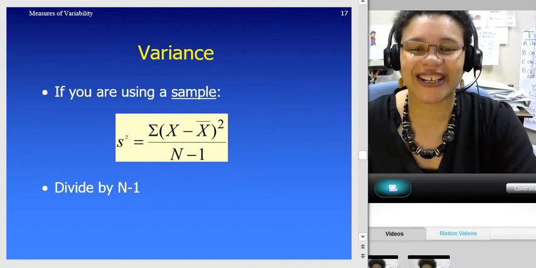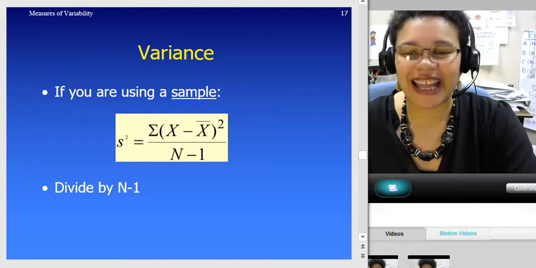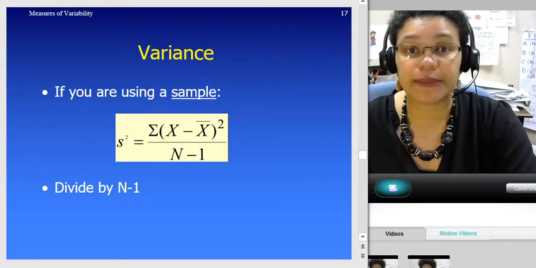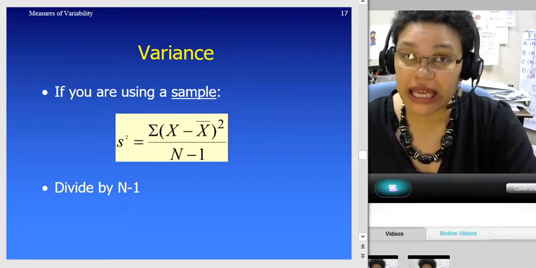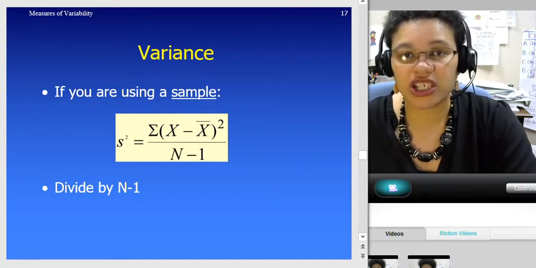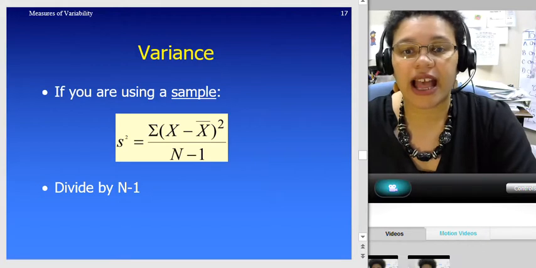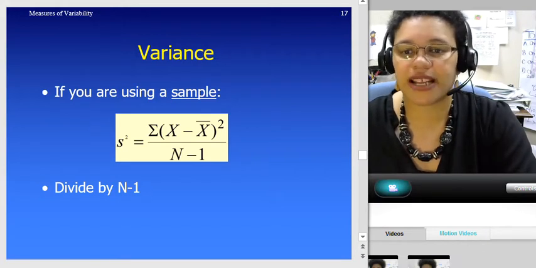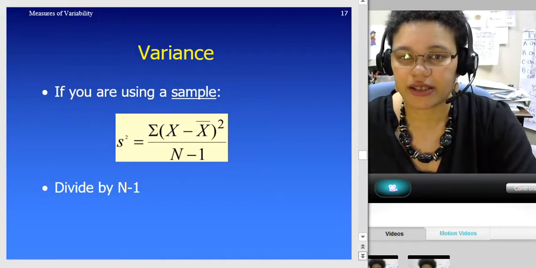But anyway, you're going to divide by n minus 1. So take some individual x minus the mean of your entire sample. You can take each deviation, square it, add up all those squared deviations, and divide by n minus 1 to get the variance.